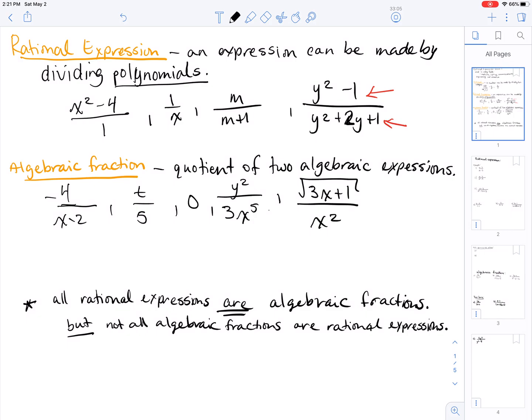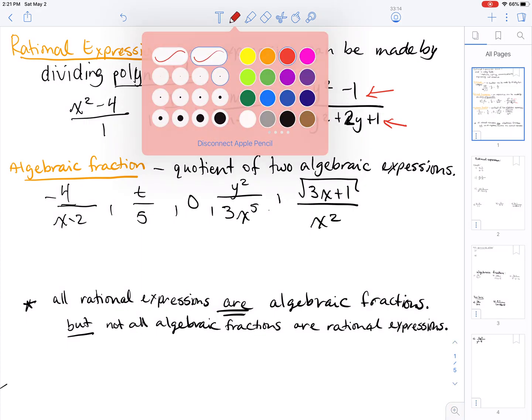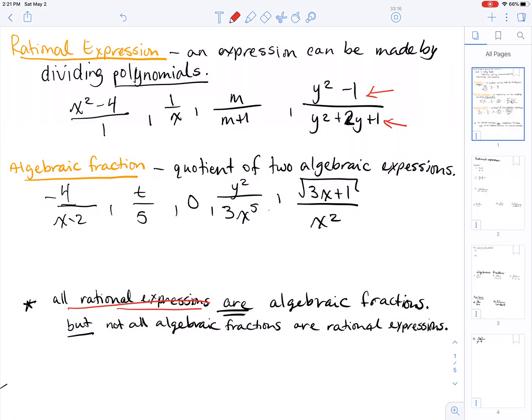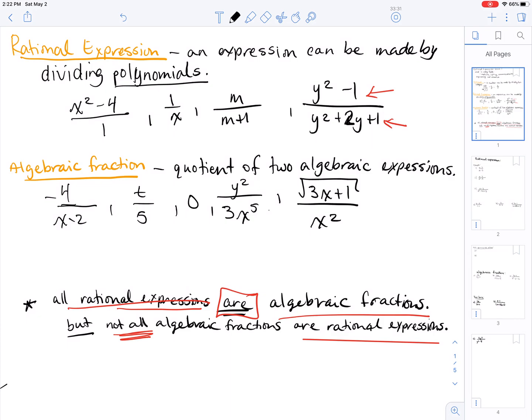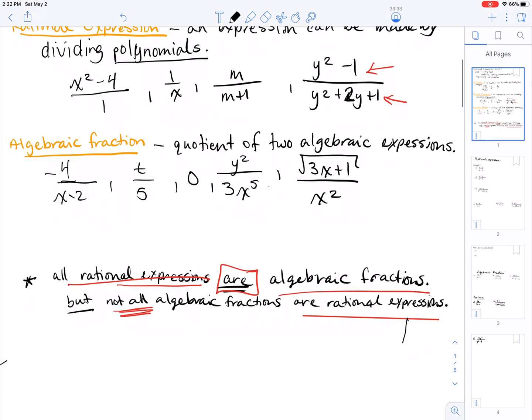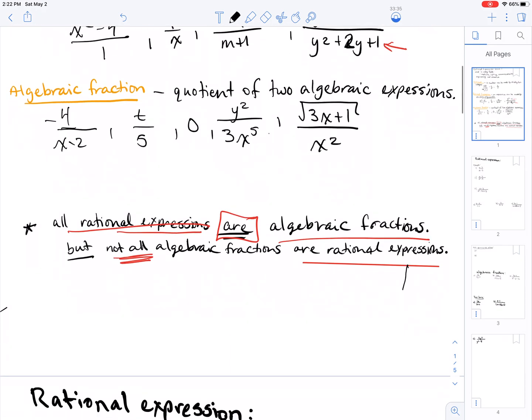These are all algebraic fractions. It is good to note that all rational expressions are algebraic fractions, but not all algebraic fractions are rational expressions. So it is good to keep that in mind. Always remember, a rational expression is made by dividing two polynomials.